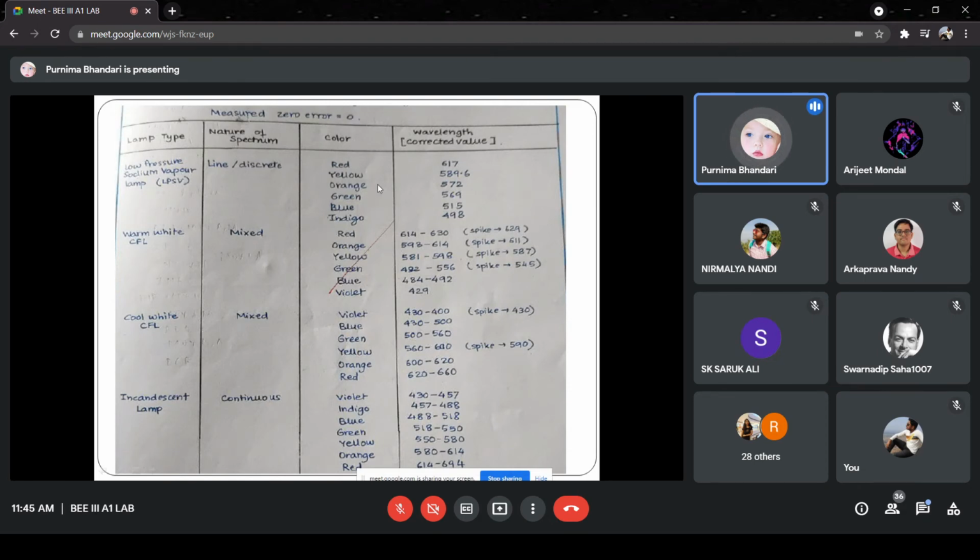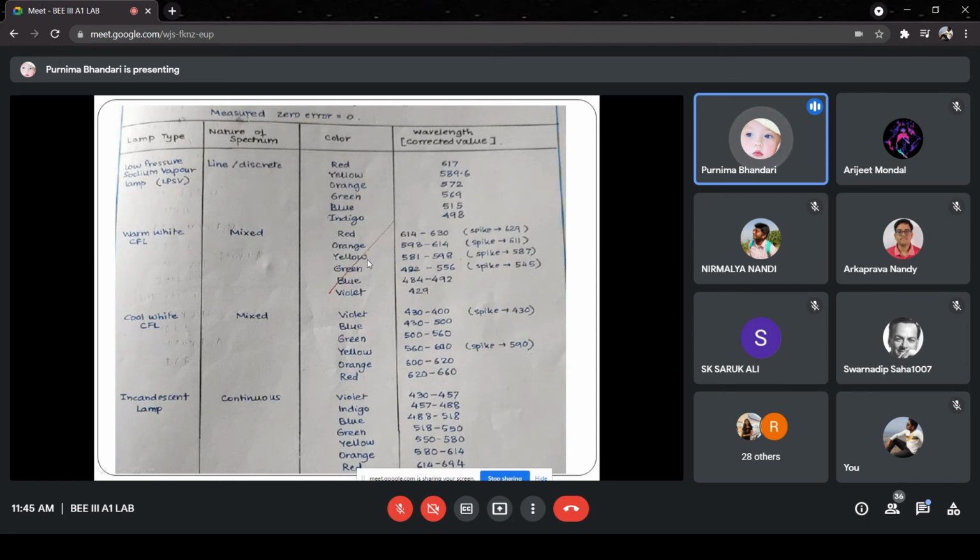For sodium vapor, not only 589.6, the yellow which was very prominent, but they have also got some other spectral lines for different colors like red, green, blue, orange. Very faint maybe, but they have got them. It depends on the visual property of the person who is seeing.